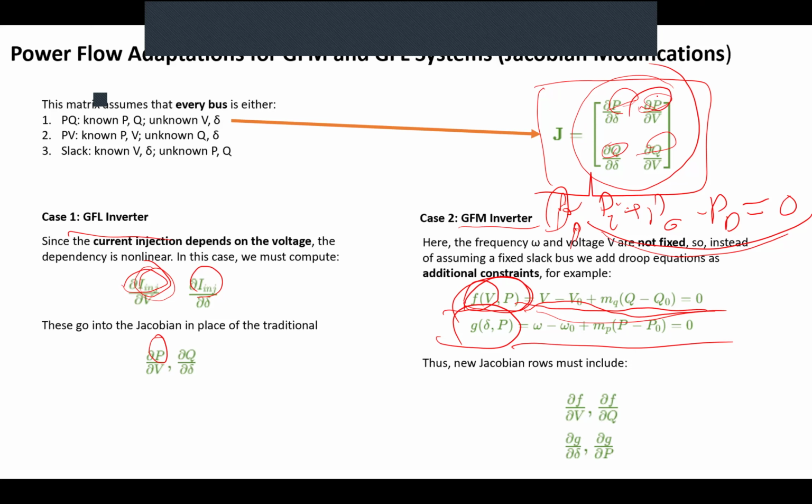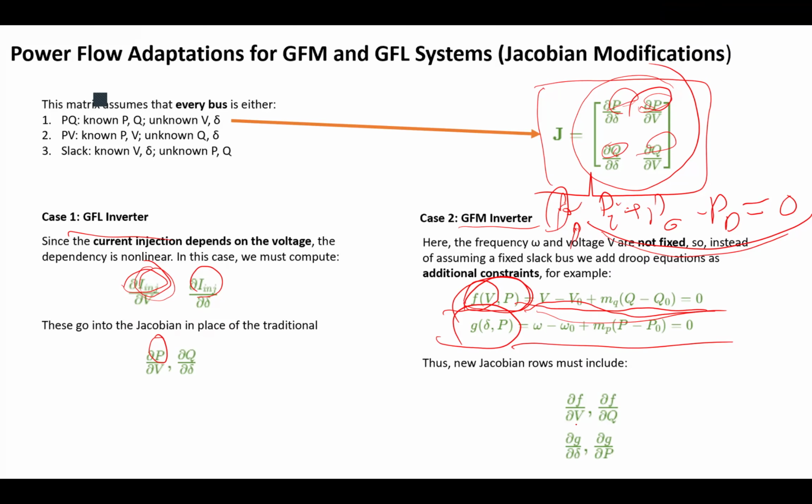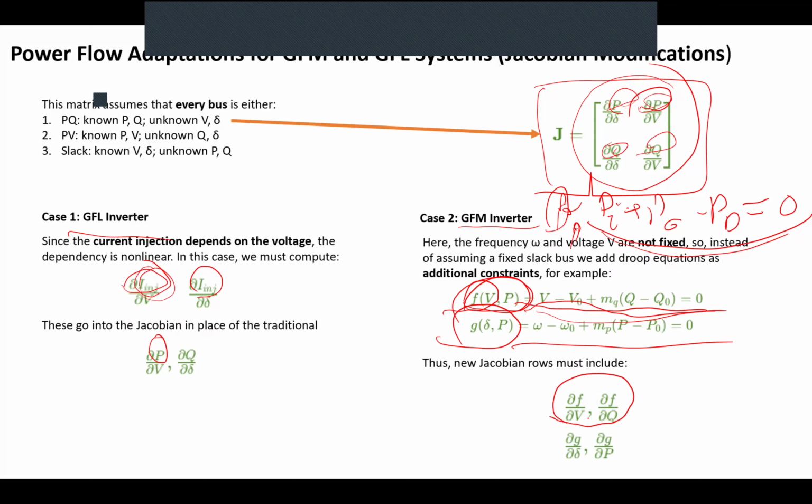It is not round P to round V anymore. Now it has two functions. Are we good? And you can see now, because V and P are known, here we have round F over round V and round F over round Q. Here we have round G over round delta and round G over round P.